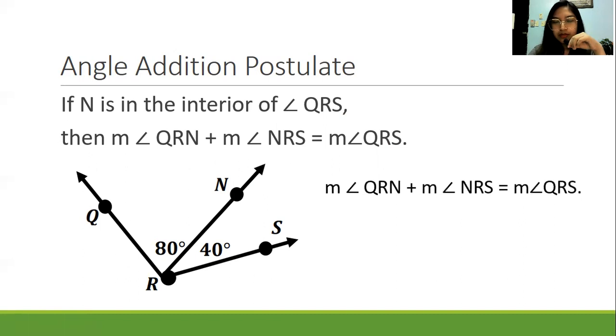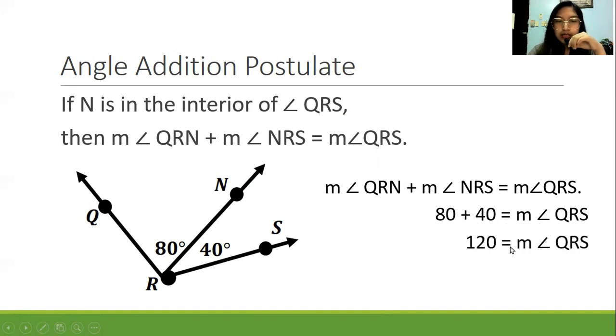So let's substitute the measurements of our angles. We have 80 plus 40 equals measure of angle QRS. 80 plus 40 is equal to 120 degrees. So, ang kabuuan pong degree ng ating angle ay 120 degrees. Measure of angle QRS.